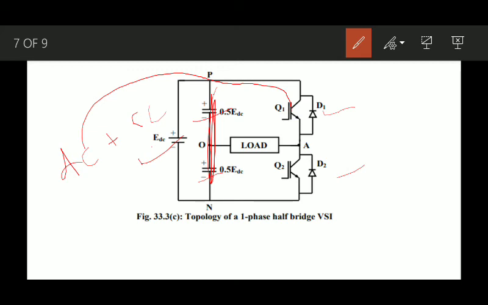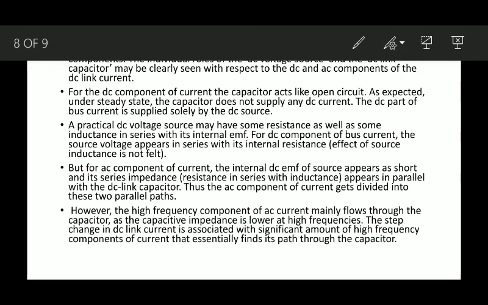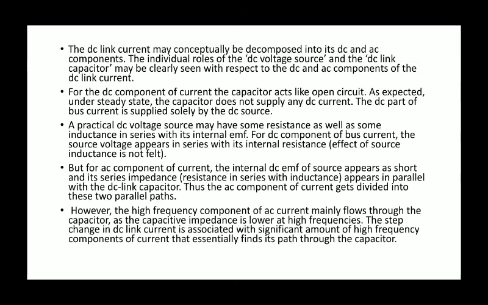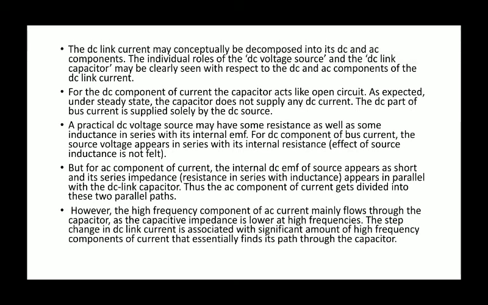By this topology, you can get any AC waveform from this DC link battery. The DC link current may conceptually be decomposed into AC and DC components. The individual roles of the DC voltage source and the link capacitor may be clearly seen with respect to the DC and AC components of the DC current.